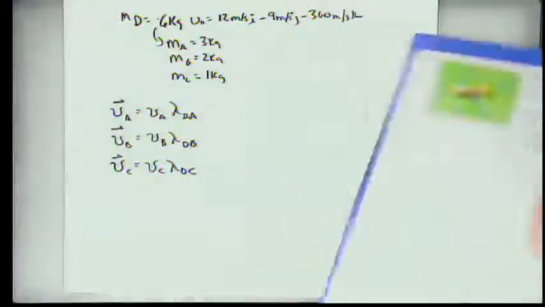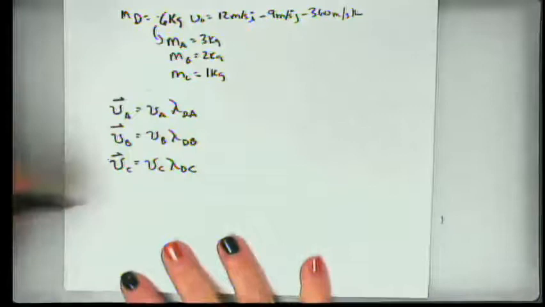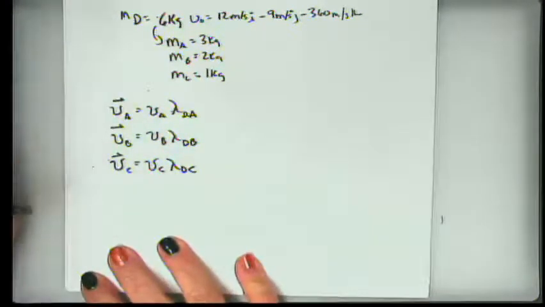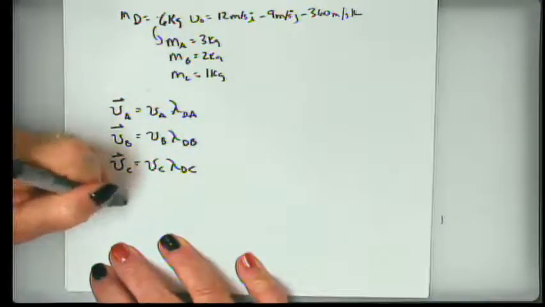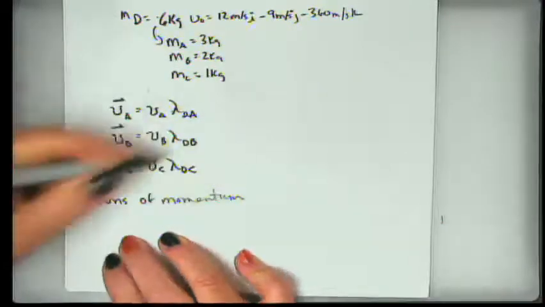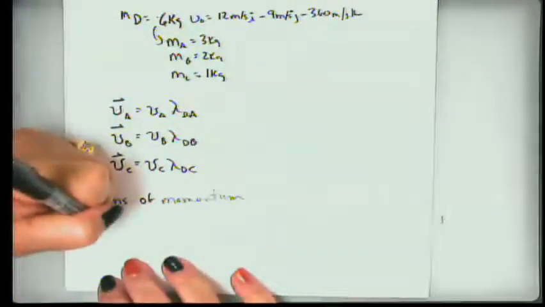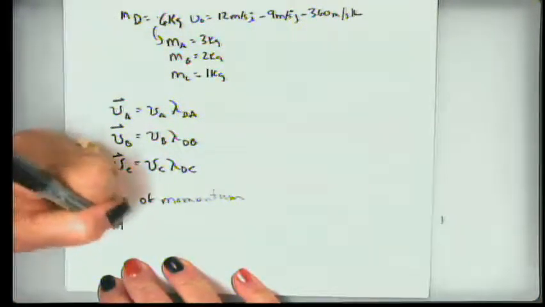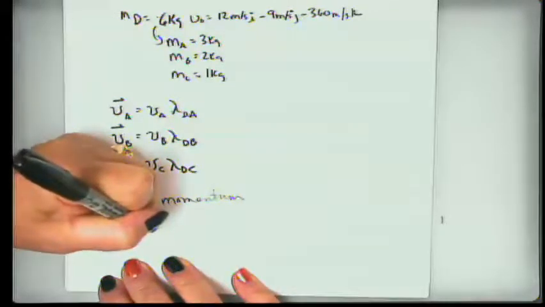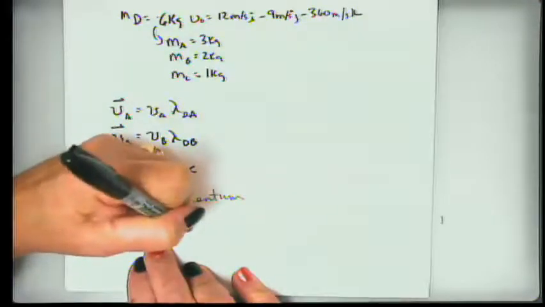Okay? So in terms of math, the first thing we need to do is define these vectors. But what is the principle that we're talking about? Well, if you think about that, a shell exploding is a good application for conservation of momentum, which says that the momentum before, in other words, the momentum of this shell, we're calling it L, sorry, L before the explosion, is going to equal L afterward.